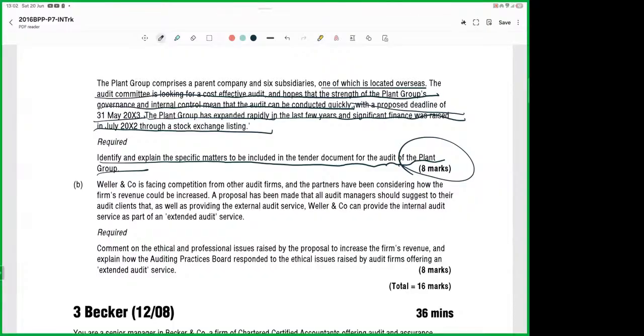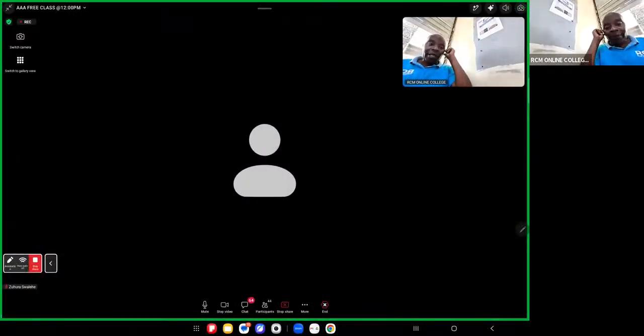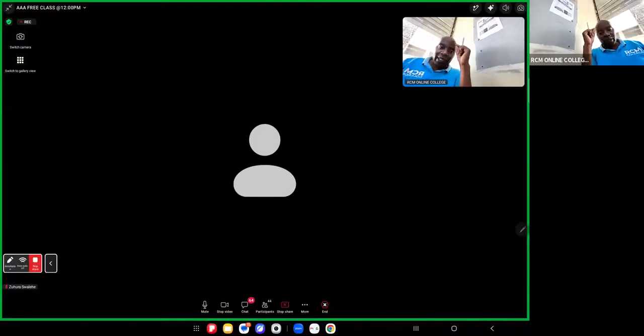The concept of matters to be included in the tender document. Identify and explain specific matters to be included in the tender document. Let me first of all hear from you.